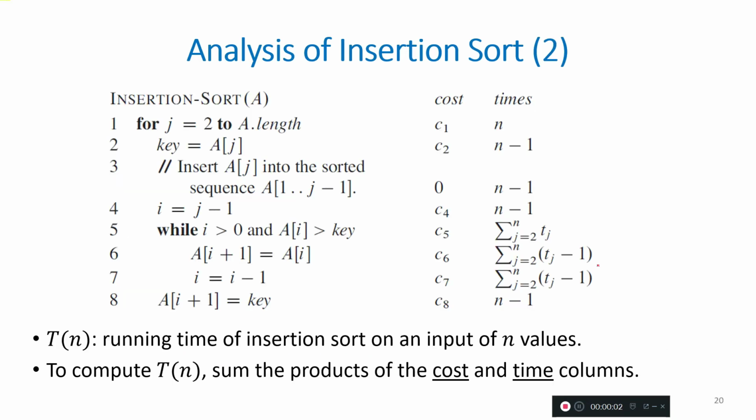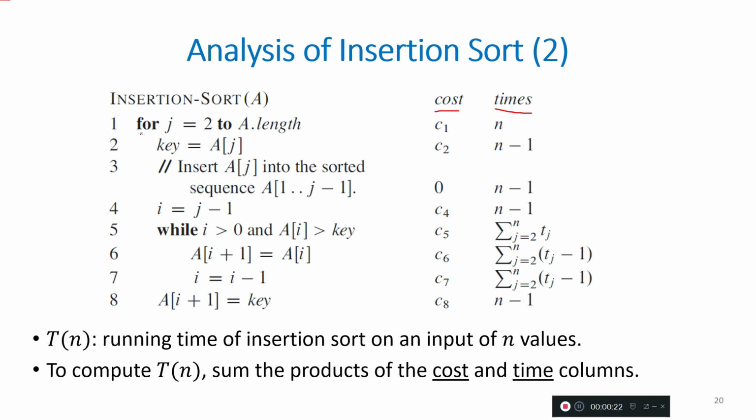In this slide, we want to analyze the running time of the insertion sort. You see the pseudocode for the insertion sort on the left and two new columns, cost and times, to the right. Inside the insertion sort, we have 8 instructions.